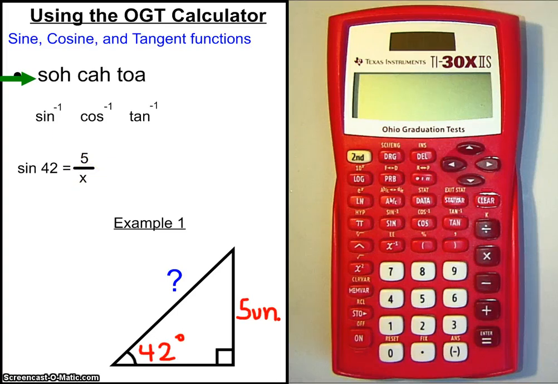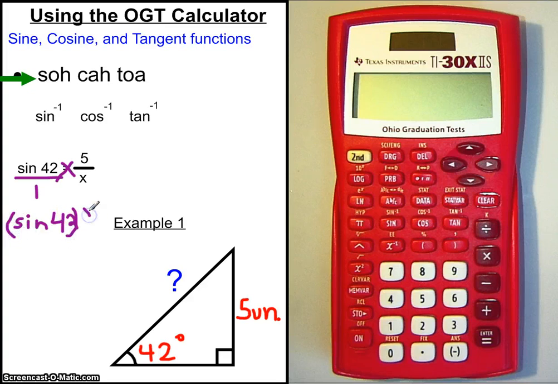To continue with that, you'd have to refer back to what you know about proportions. We're going to go ahead and put sine of 42 over 1 and set up a proportion. So we have a fraction on the left-hand side and on the right-hand side. Then, since we have an unknown, we can cross multiply and divide. So we'd have sine of 42 times x, and I'm going to put that in parentheses.